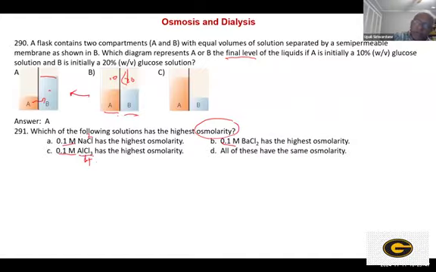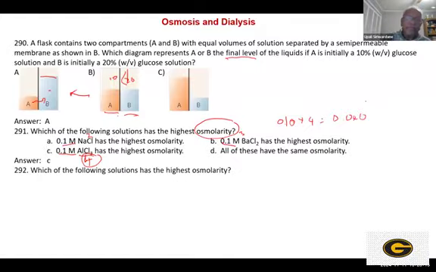Barium chloride, 3 particles. Therefore, the highest number of particles are here. Therefore, 0.10 multiplied by 4 is the highest osmolarity. Therefore, the answer is C.